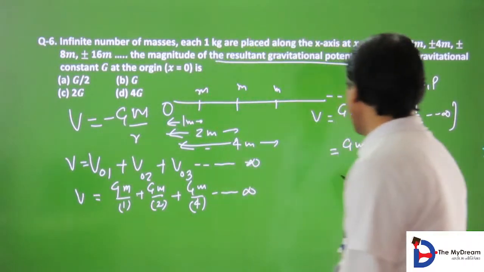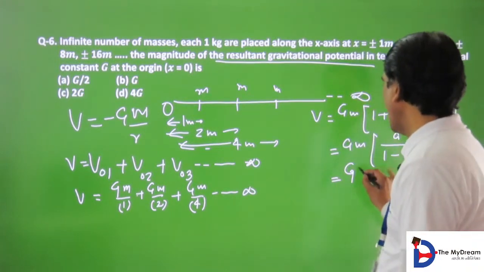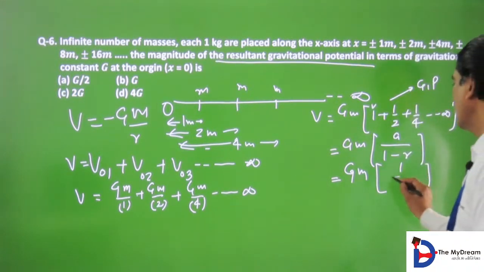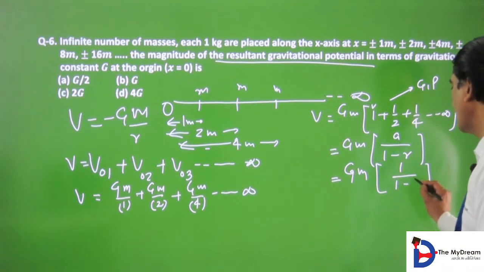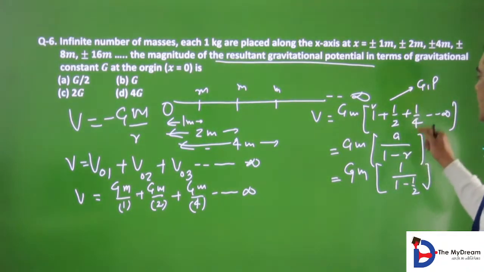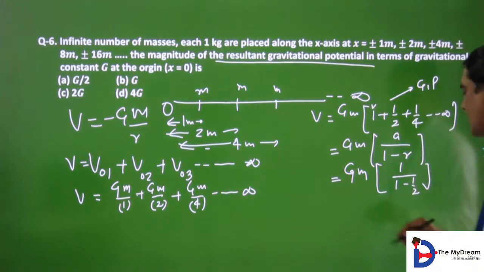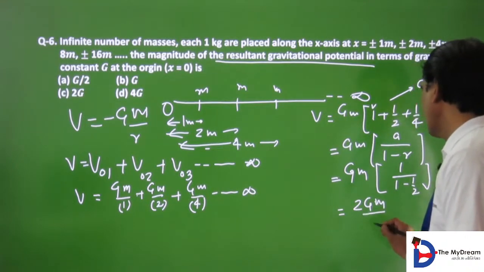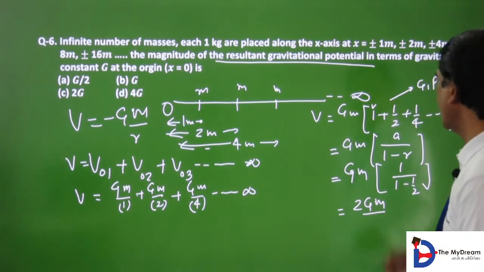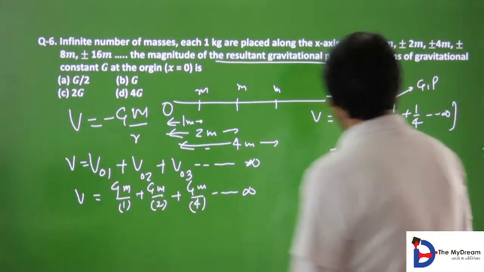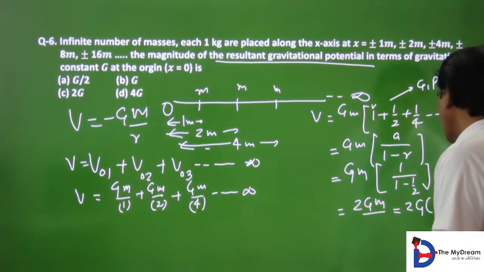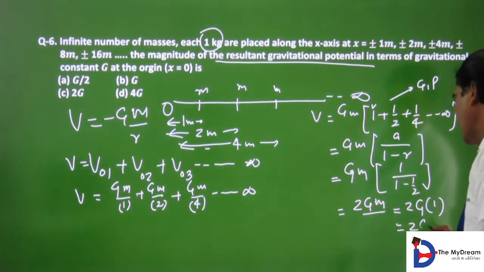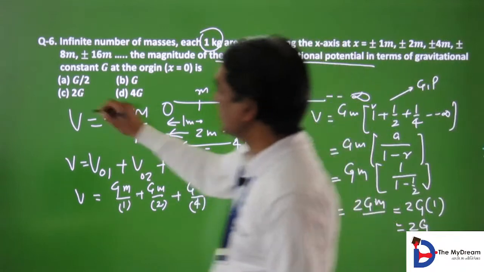So the first term is 1. This is 1 minus 1 by 2, that is the common ratio. So it will become twice of Gm, and m is 1 kg, so it will become twice of G. So option C is correct.